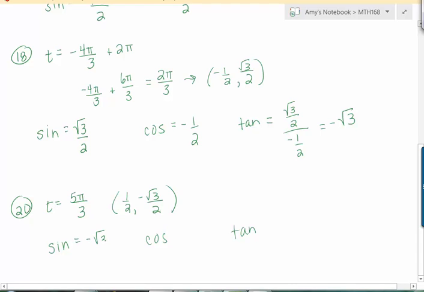The sine is your y value, the cosine is your x value, and the tangent is the y divided by the x. Remember, you want to rationalize that denominator by multiplying the top and the bottom by the square root of 3. So this is your final answer for the tangent. Your sine is negative square root of 3 over 2, and your cosine is positive 1/2.